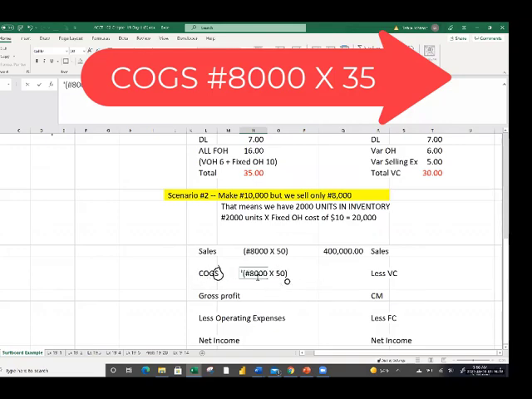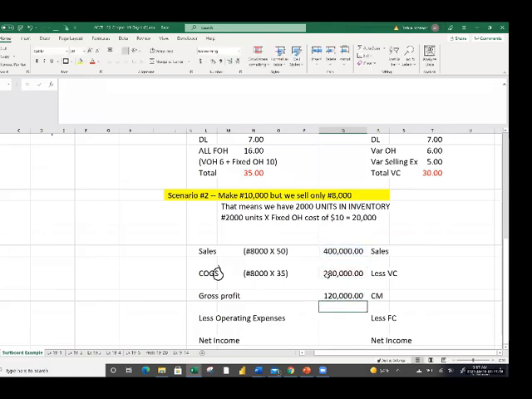So, and I have 50 in there by mistake. I want to put in there that 35 that we came up with, that same 35 from last time. I was so interested in the units, I wasn't paying attention to that cost there. So 8,000 units times 35, let's do that. 8,000 times 35, I got 280. That means the gross profit under this scenario is 120 less the operating expenses.